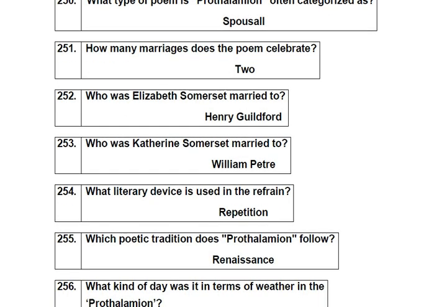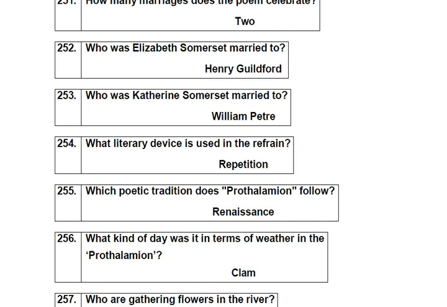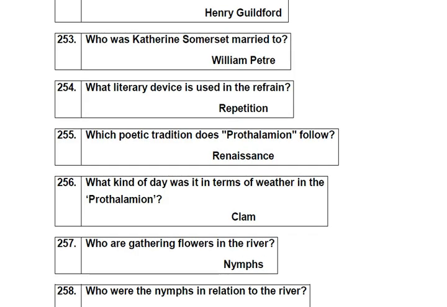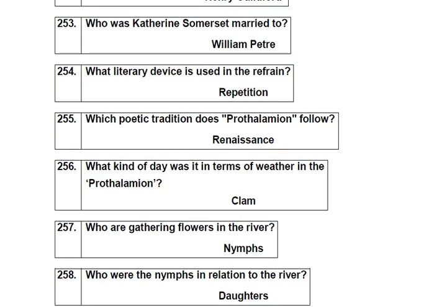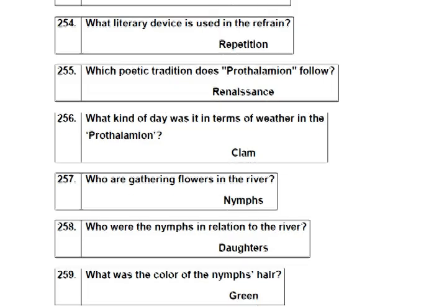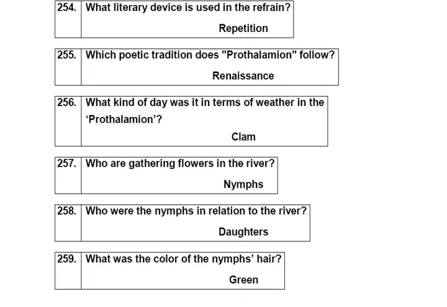Who was Elizabeth Somerset married to? Henry Guilford. Who was Catherine Somerset married to? William Peter. What literary device is used in the refrain? Repetition. Which poetic tradition does Prothalamion follow? Renaissance.